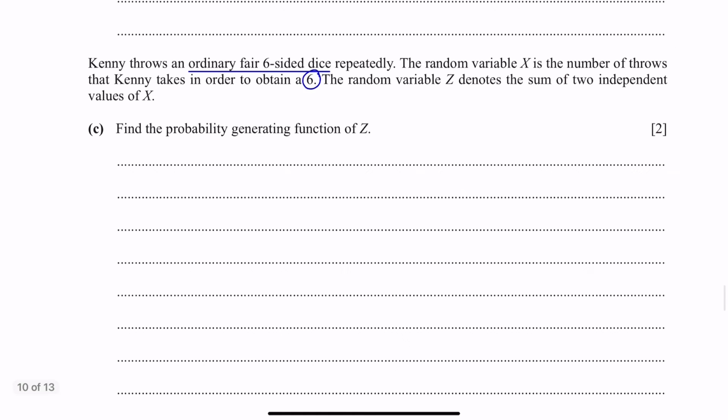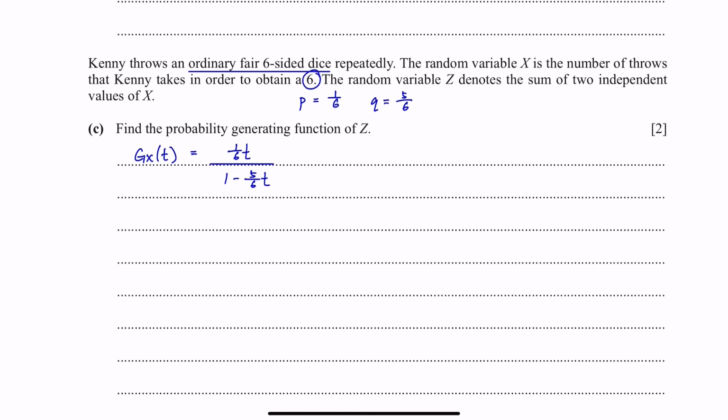And to obtain a 6, the probability of success would be 1 over 6. So now we know the value of p, and q would be 5 over 6 because it's 1 minus 1 over 6, right? So our Gx(t) would be 1 over 6 t over 1 minus 5 over 6 t.